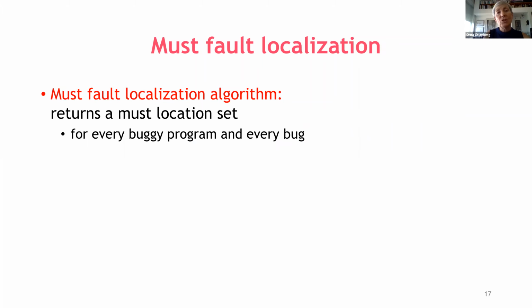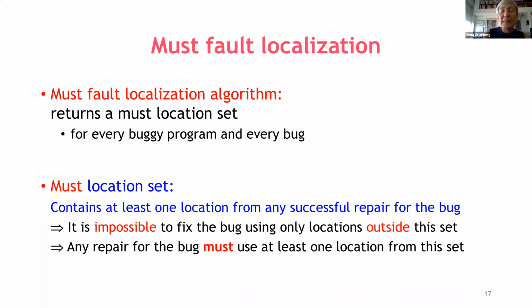Must fault localization now: a must fault localization algorithm returns a must location set for every buggy program and every bug, where a must location set contains at least one location from any successful repair for the bug. This means that it is impossible to fix the bug using only locations outside of this set.